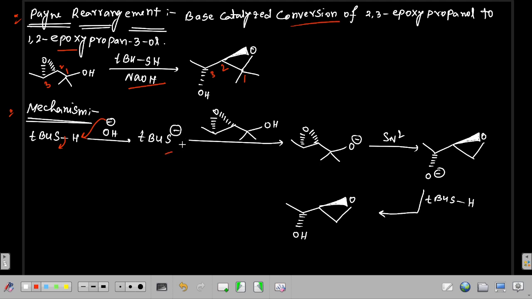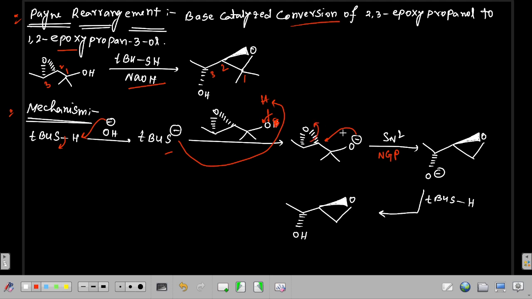This anion will abstract the proton, this epoxy alcohol has one proton, so it will abstract this proton and it leads to the formation of this anion, like oxide ion.